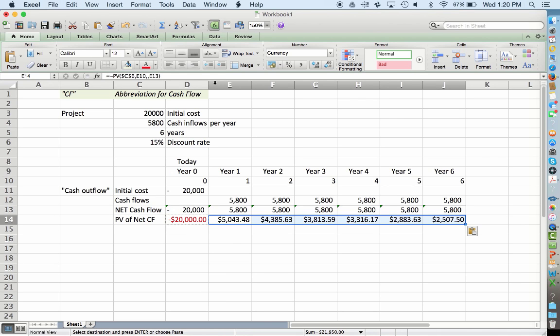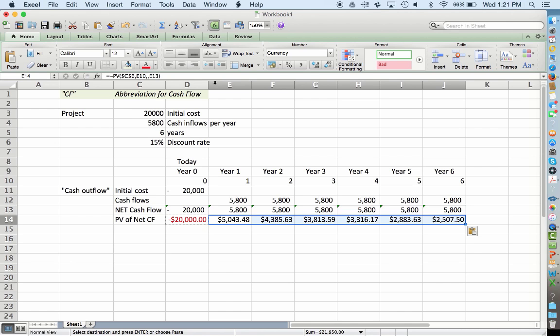And visually, I can look at this, and it should show a couple of things. First of all, they should all be positive values because the net cash flow is positive. Secondly, they should get increasingly smaller as we go from year 1 to year 6.